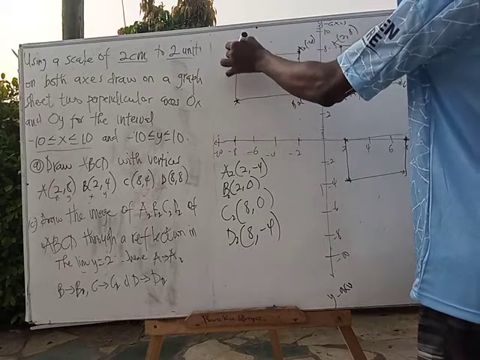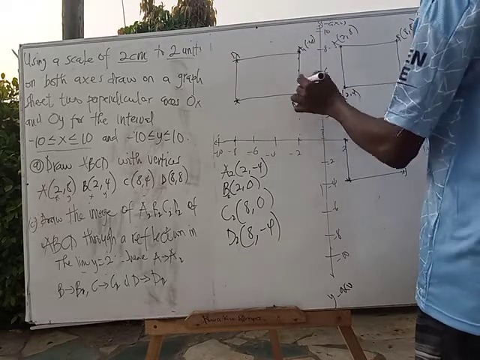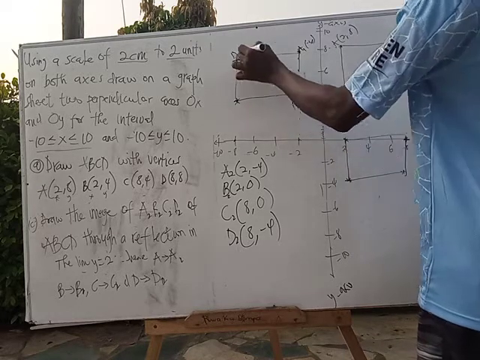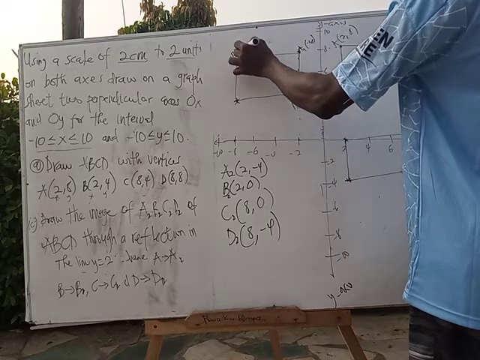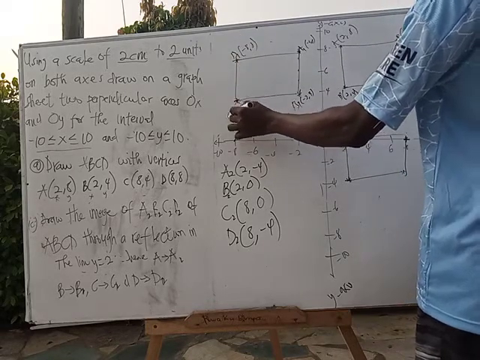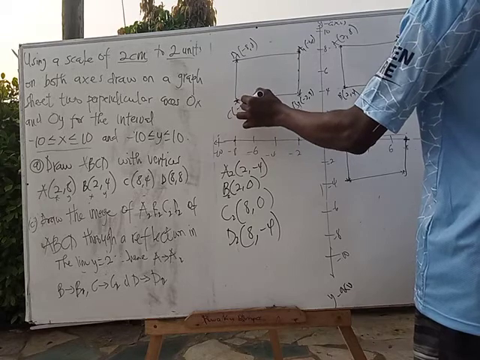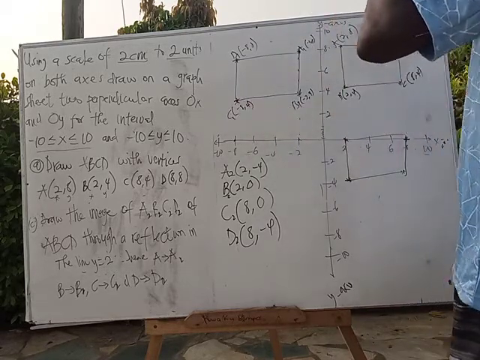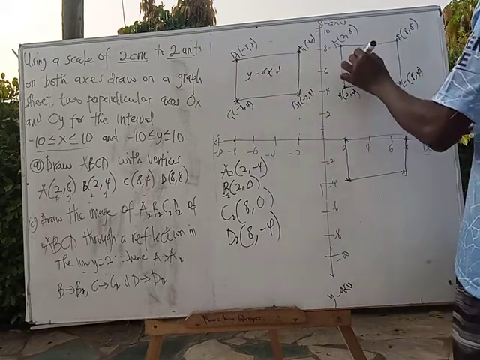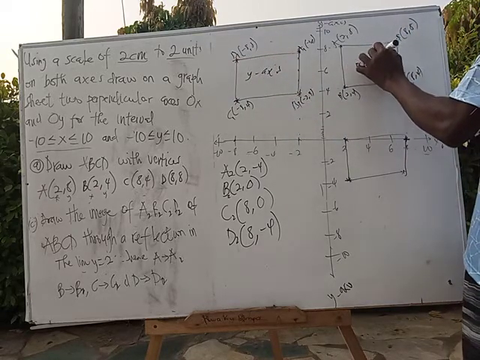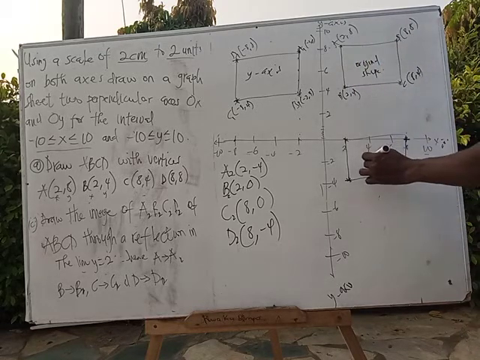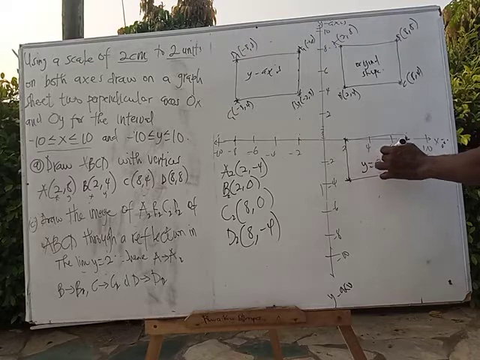This is A2. This is B2, negative 2. This is our D2. Sorry, these are all ones. Negative 8 and 8. And C is negative 8 and 4. You see, this is the reflection through the y-axis, and this is the original shape or figure. Good. And this one is reflection in the line y equal to.